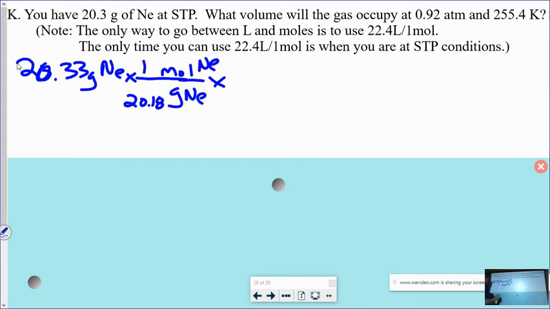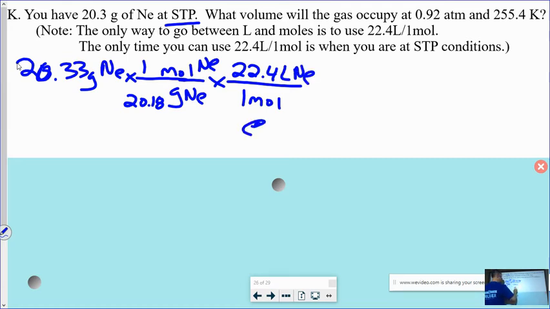So now we're at moles. It says we are at STP condition, so we can use that 22.4 step. So 1 mole is 22.4 liters of neon. And we have to write we're at STP because we are, in fact, at STP. It told us that in the problem. So we're at STP conditions.